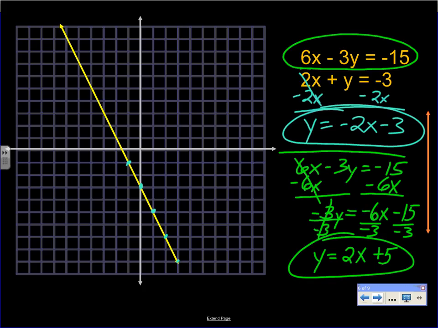Let's go ahead and graph this now. Y-intercept's at 5. 1, 2, 3, 4, 5. And the slope is 2 over 1. Let's go ahead and get those points plotted.